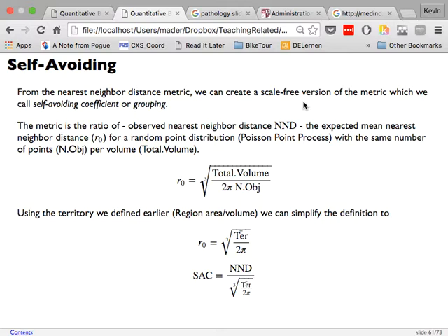If the nearest neighbor distance is higher than this value, then the objects are further apart than you would have expected by random distribution. And if the value is smaller, then the objects are closer together. So it can tell you a lot about a system and how well it's clustering or not clustering by comparing it to a completely random system.